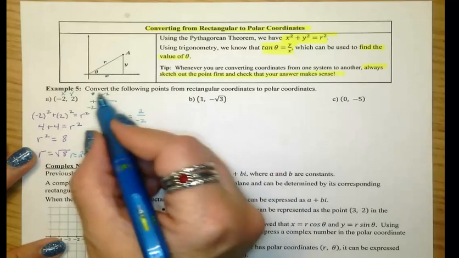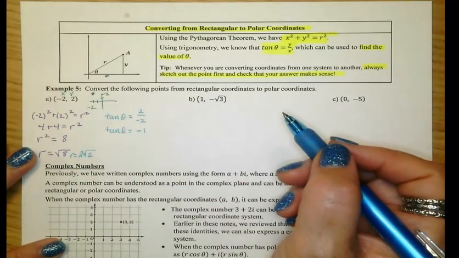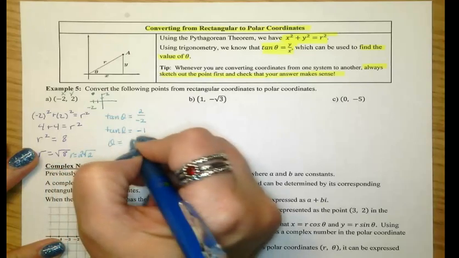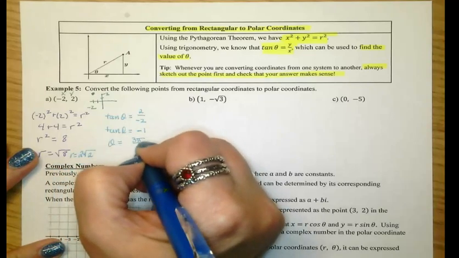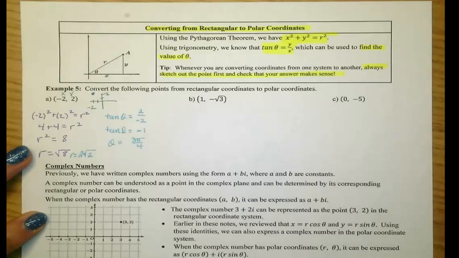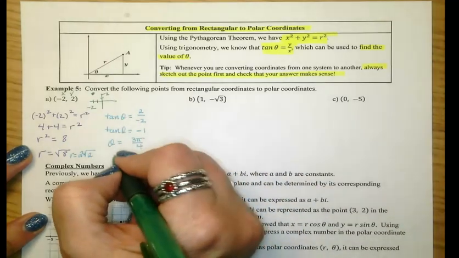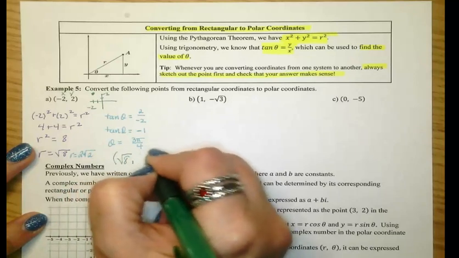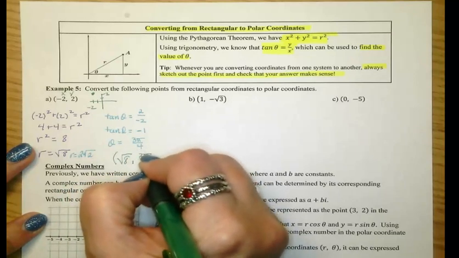And what angle in this quadrant, quadrant 2, has a tangent value of -1? Theta equals 3 pi over 4. So then this rectangular coordinate is going to be a polar coordinate that looks like square root of 8, comma, 3 pi over 4.